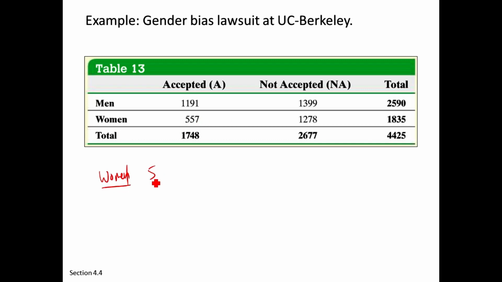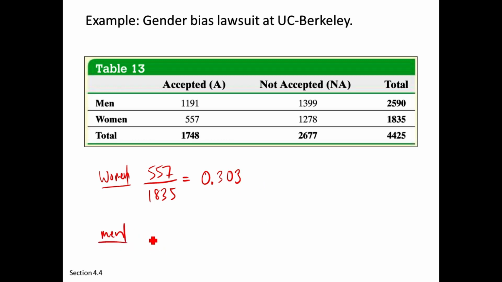There were only 557 out of 1835. So what does that come out to be? About 30%. So what does it round to? 30, 35? Yeah, so just about 30% of women were accepted.